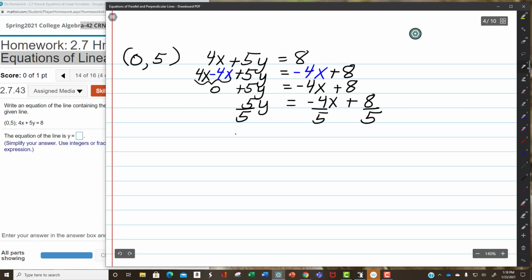So we now know that the slope of the given line is negative 4/5, which means what? It means you don't really have to go through those 4 steps now that you're getting the hang of it.